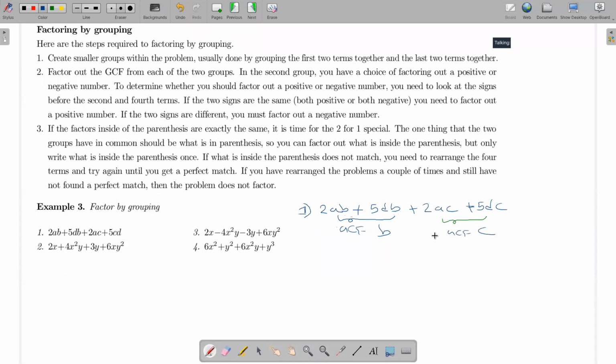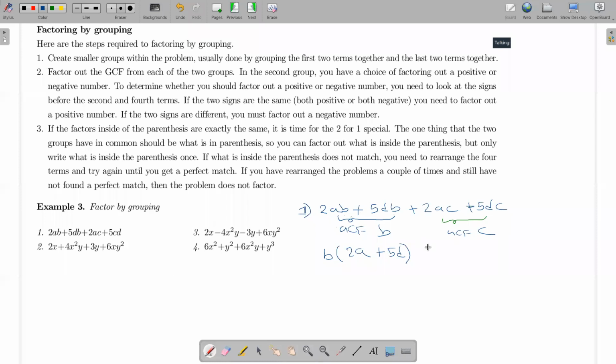Here C is common, no? So I pull the common factor B out. Here there are two B's. I pulled one, two, and A is left, no? Here I have B pulled out, D is common, so 5D is left.